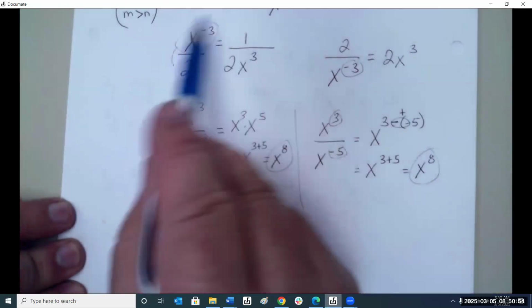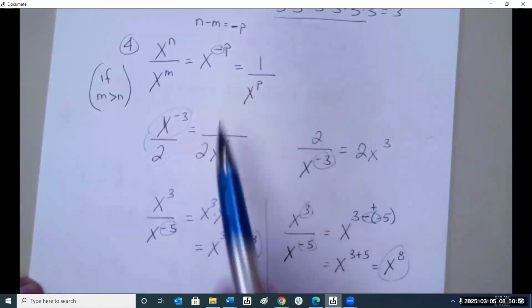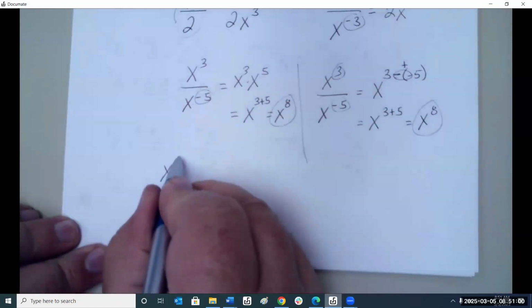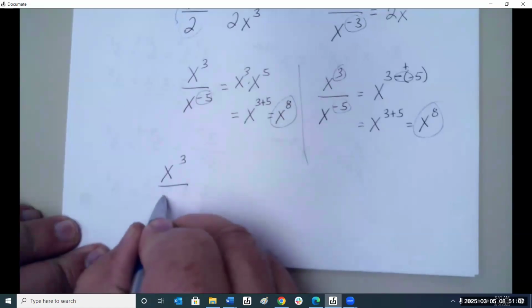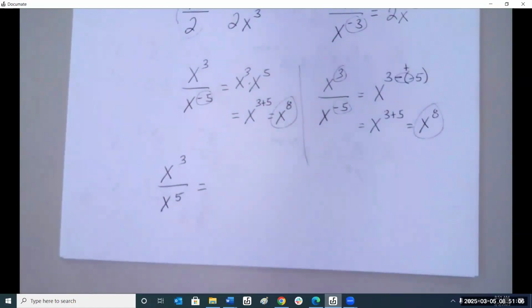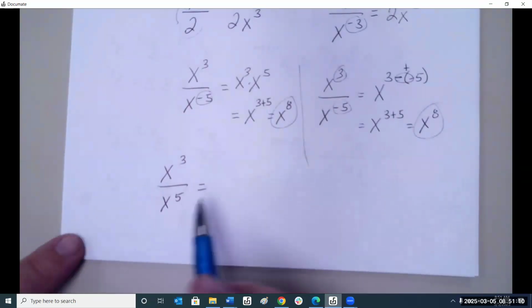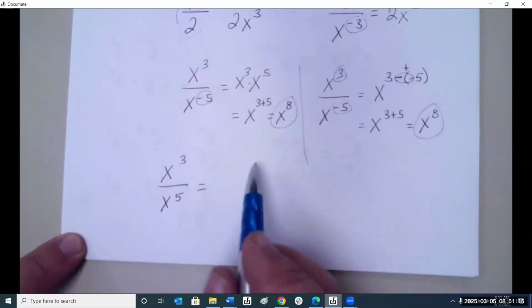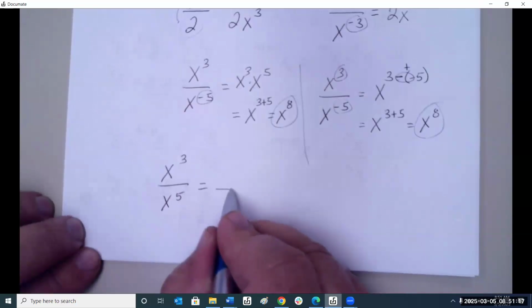But I still never explained why this is so. Because if we do the division, the subtraction one, 3 minus 5 is negative 2. But let's see, what do we have on top?